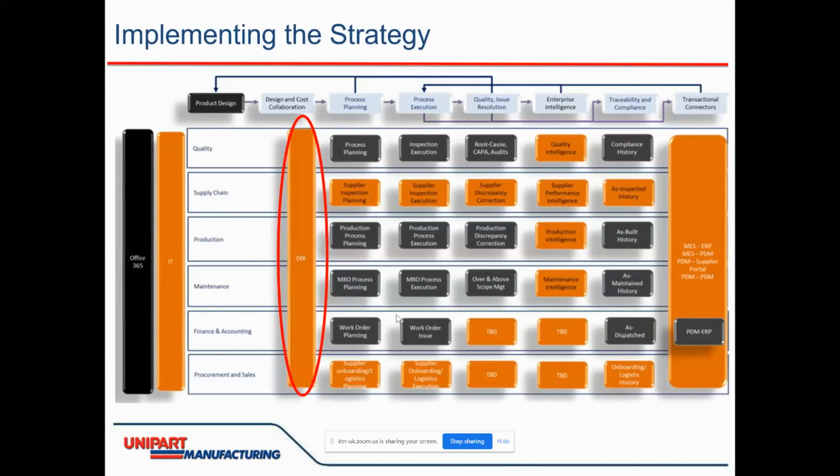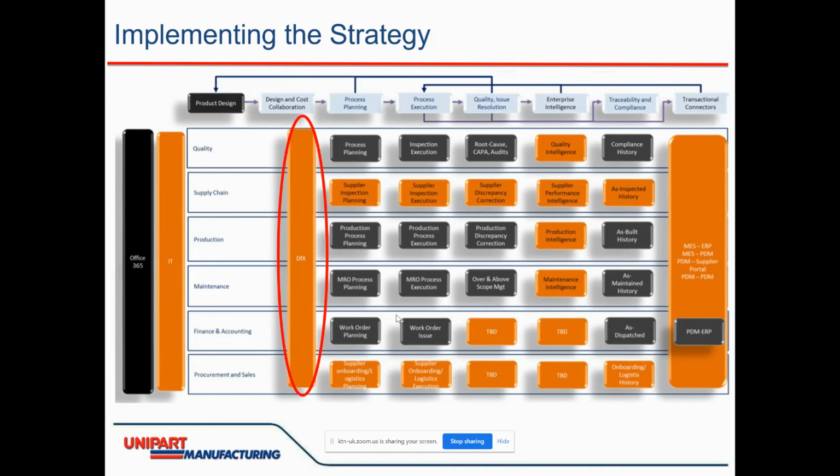And you saw all those complex diagrams. When it comes to actually running the business now, we've all deployed this. It's all up and running in our IT infrastructure. What that means for each department is that we had to do a major piece of work to make it relevant to each department, to quality, to supply chain, to production, in how they're going to use these tools and capabilities in their planning, in their execution, in their root cause audit, in their intelligence, and in their compliance.